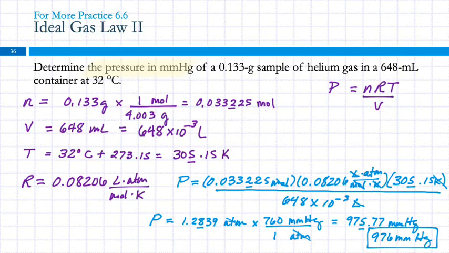Yes? We don't go 2 sig figs because of the 32 degrees Celsius? That's an excellent question. Temperature conversions are weird because they involve adding. So when you change temperature to a different unit, you can gain or lose significant figures. When we're adding, we're not counting the number of sig figs, we're counting the number of decimal places.